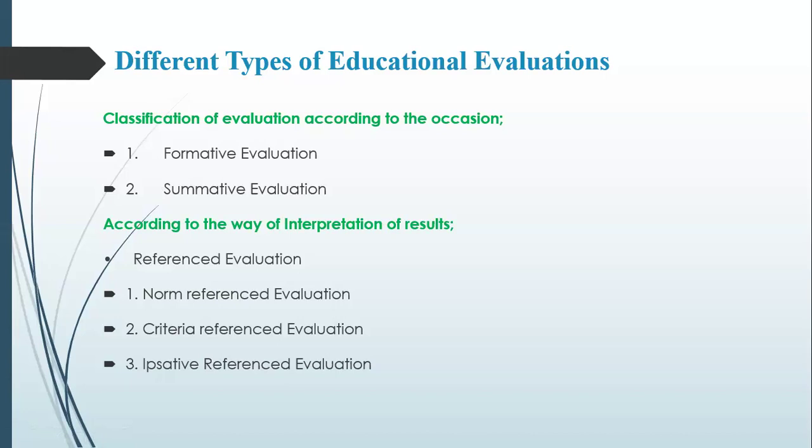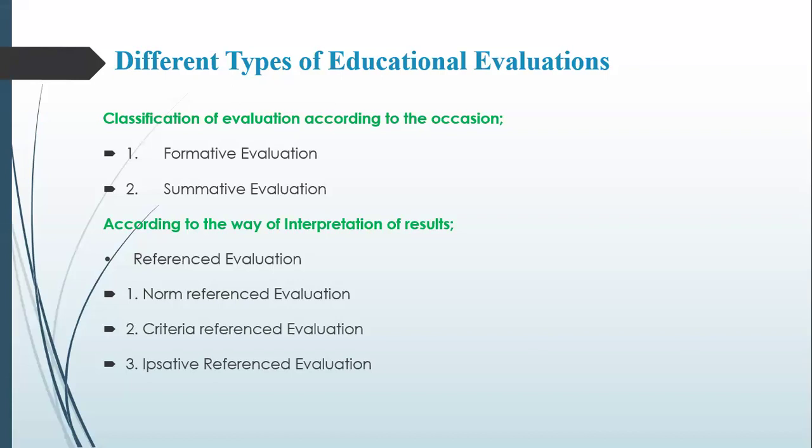So the criterion reference assessment, I told you, is a very important assessment. Without competition, there should be criterion reference assessment. That is because we do evaluation regarding the curriculum or learning objectives.